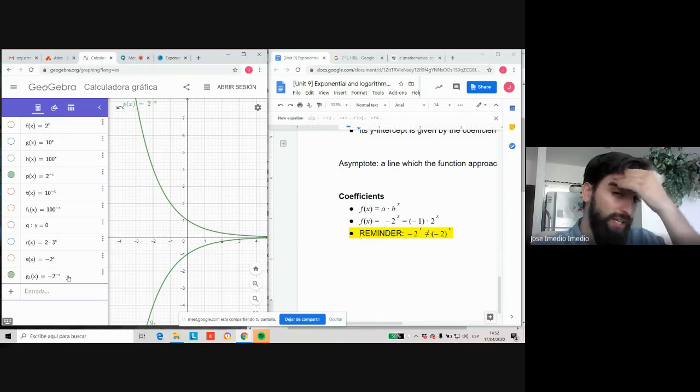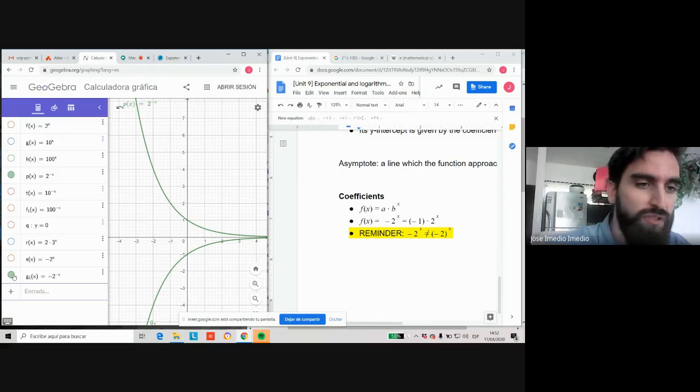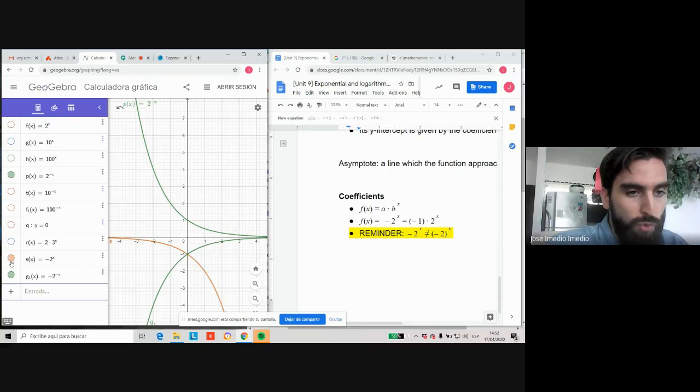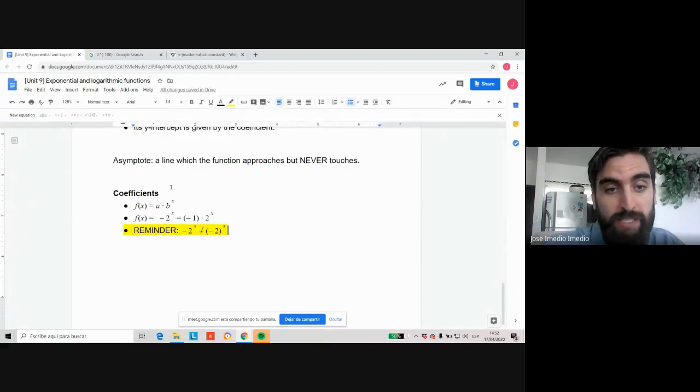Okay, it makes your life easier when you have to do this thing about comparing graphs, and that could appear in the exam, I don't know, but it could. So it makes your life easier and it makes it faster. Okay? So let's leave all these cool graphs here and let's go back to this. So this is the coefficient we care about.